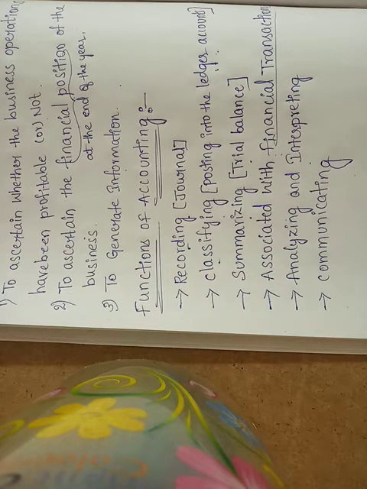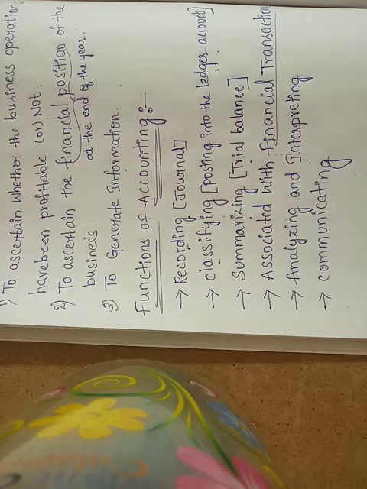Okay, so accounting information can be communicated by preparing and distributing the accounting reports. Those accounting reports include the income statement and the balance sheet along with some additional information in the form of ratios or graphs and funds flow statements.